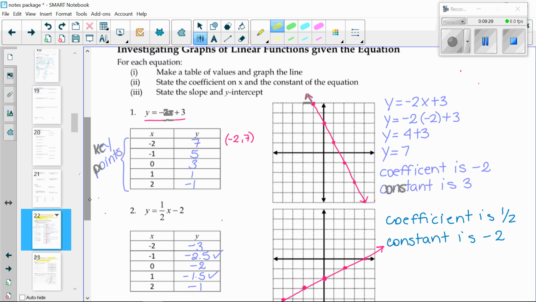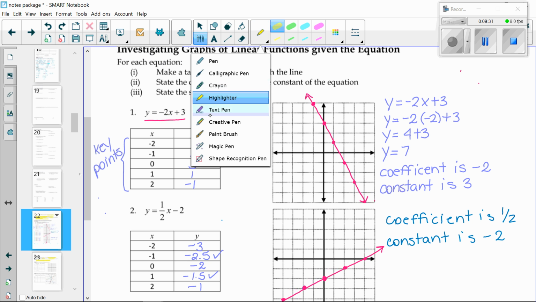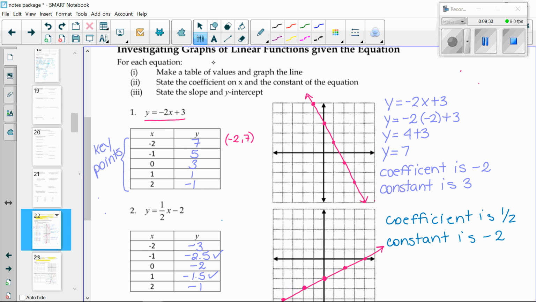Looking at the very first graph, I think I actually forgot to do this, so that's all right. Take a look at what our slope is. Find a point, so let's say we start from this one, and move to the next point, rise over run. Our slope, m, is equal to -2. What's our y-intercept?